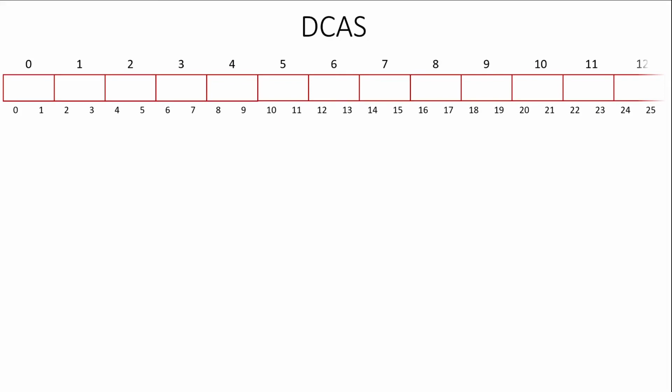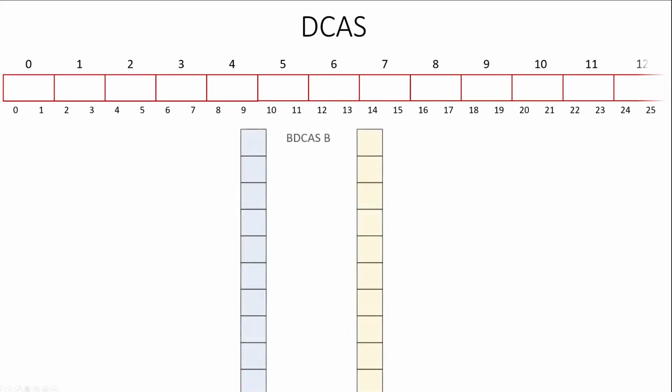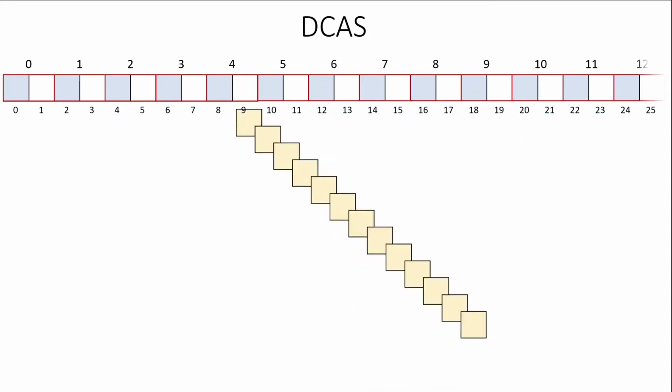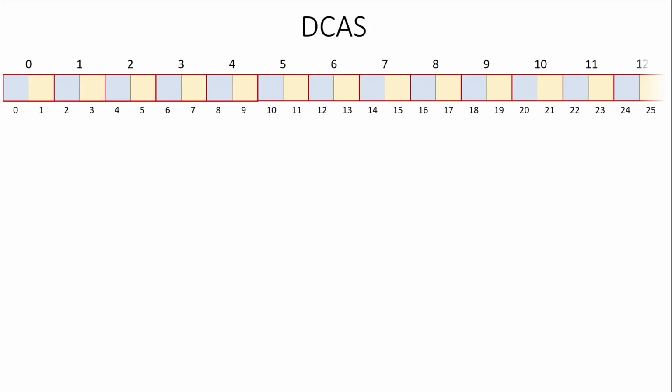We will represent the DCAS object with a BDCAS object B, which has twice as many array entries as the DCAS object. In particular, each array entry of the DCAS object is represented by two array entries from the BDCAS object, one from the left side and one from the right side. We will use descriptors again, and each BDCAS array entry stores a pointer to a descriptor similar as before.